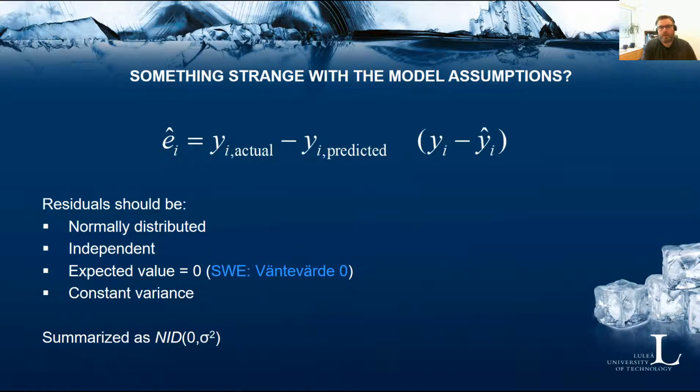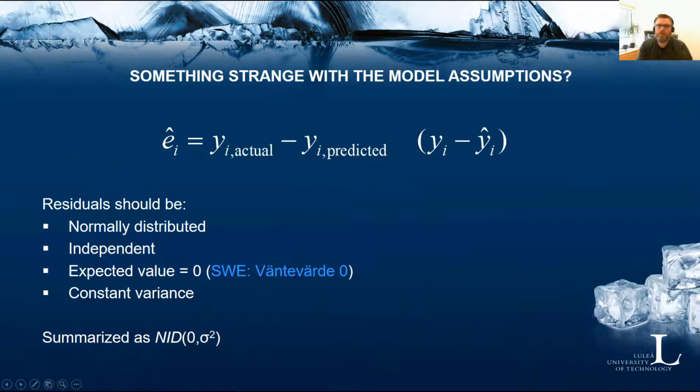The need for a transformation usually comes when we learn that there is something strange with the model assumptions, or the model assumptions are not fulfilled. And in order to check that, normally we have to look at the residuals, which is the actual recorded value in the design minus the predicted value from our model.